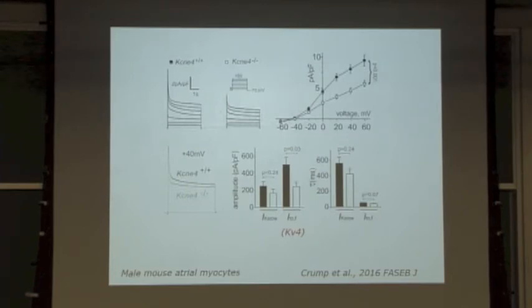So we don't think this could ever explain what's happening in human beings, but we think mice are very different from humans, and in human beings there are a lot of other currents such as IKS, which is KCNQ1 plus KCNE1, and also the hERG potassium channel, which really don't get expressed much, if at all, in mouse ventricle or atria.